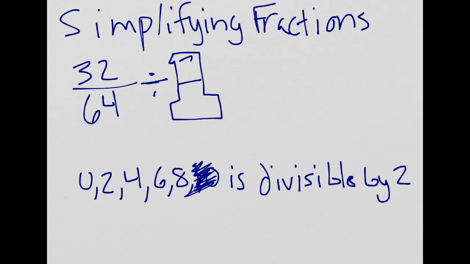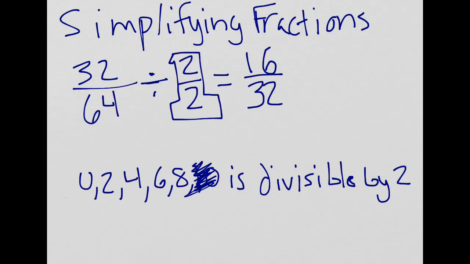So let's go ahead and divide 32 by 2 and 64 by 2. So 32 divided by 2 is 16, and 64 divided by 2 is 32.